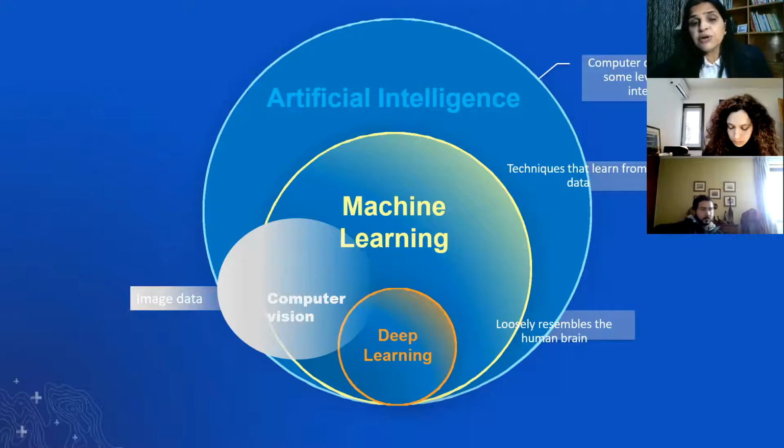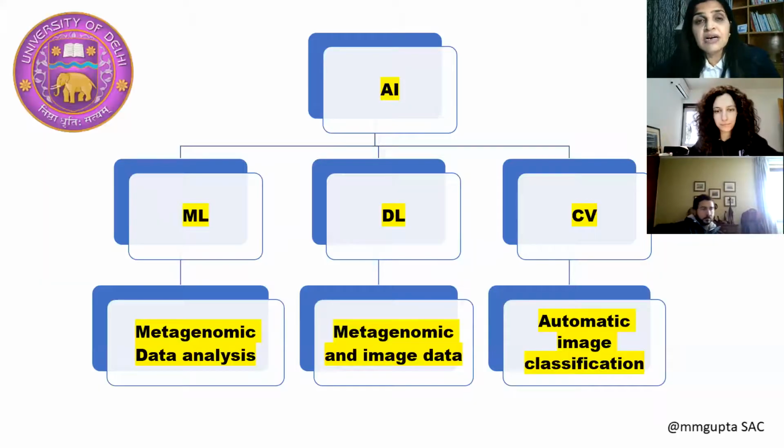So here we'll be talking about three artificial intelligence methods: machine learning, deep learning, and computer vision. We'll see how machine learning has helped in metagenomic data analysis, and how deep learning has helped in both metagenomic and image data analysis. And we'll talk about computer vision, where we're talking about automated image classification.